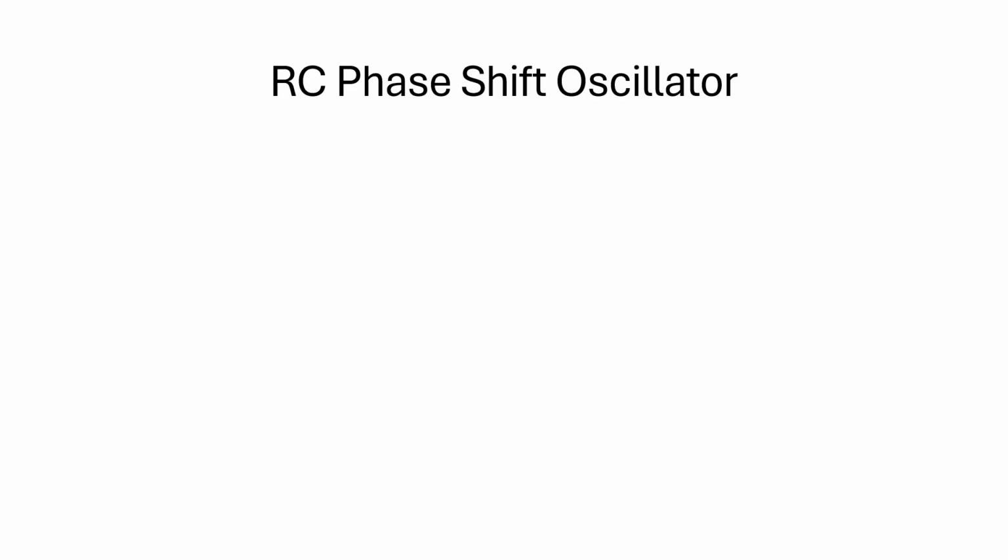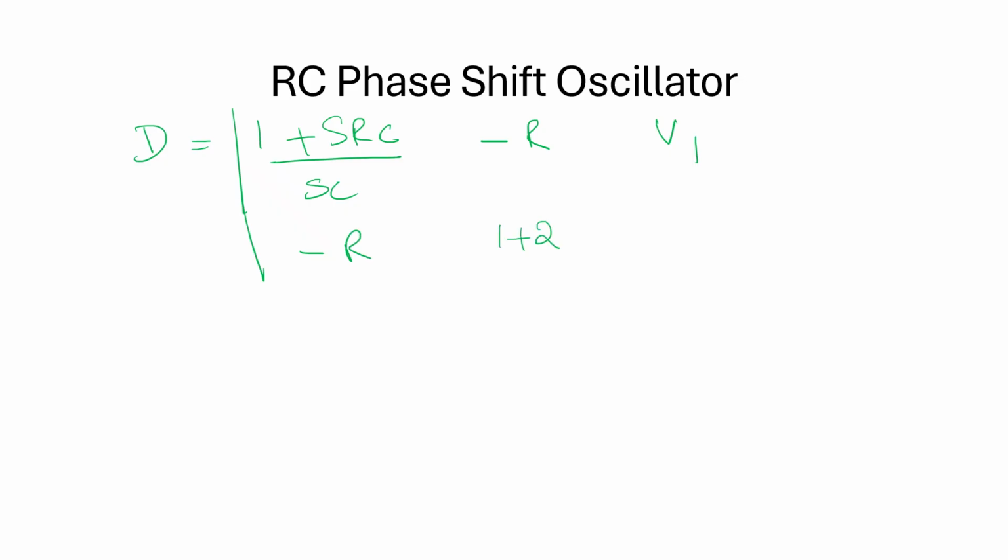Now simplifying and writing in the form of a proper matrix: 1 plus SRC divided by SC, minus R, V1; second group of elements, minus R, 1 plus 2SRC divided by SC. For easy simplification, it has been listed out in this manner: minus R, 0.